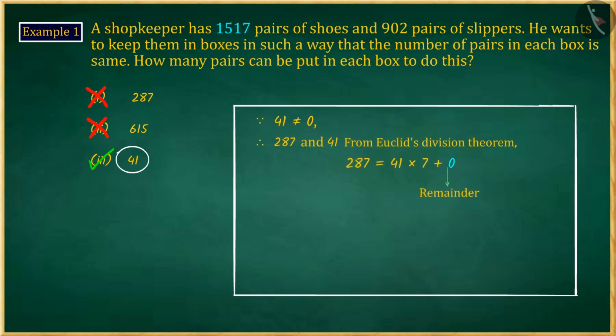Here we get remainder 0, so the process ends here. Since the divisor at this stage is 41, the HCF of 1517 and 902 is 41. So option 3 is correct.